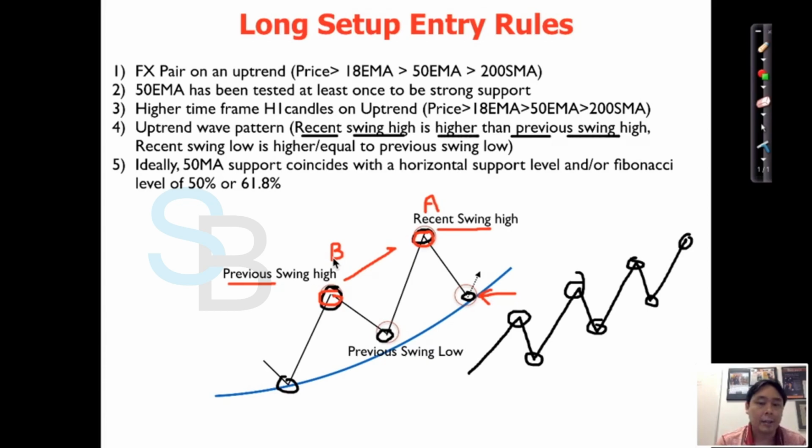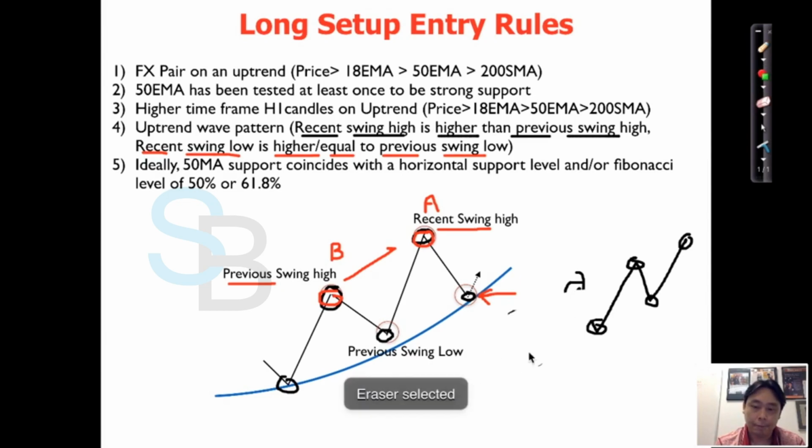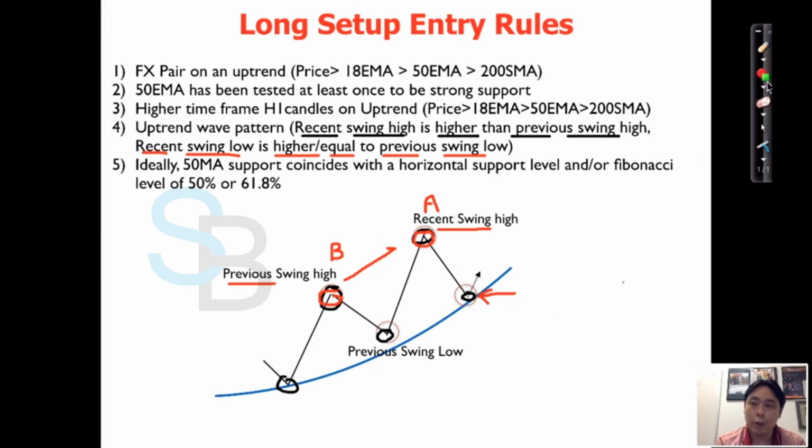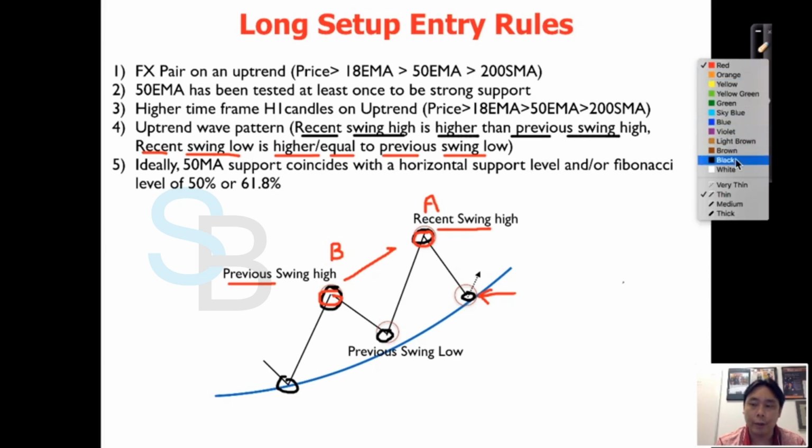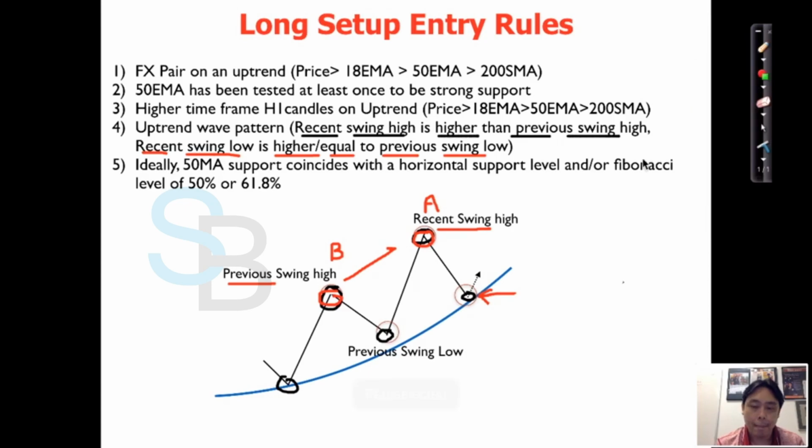Next, I want to ensure that the recent swing low is also higher than or equal to the previous swing low. Let me illustrate that. Which one is the recent swing low? Can you tell me? That's right.